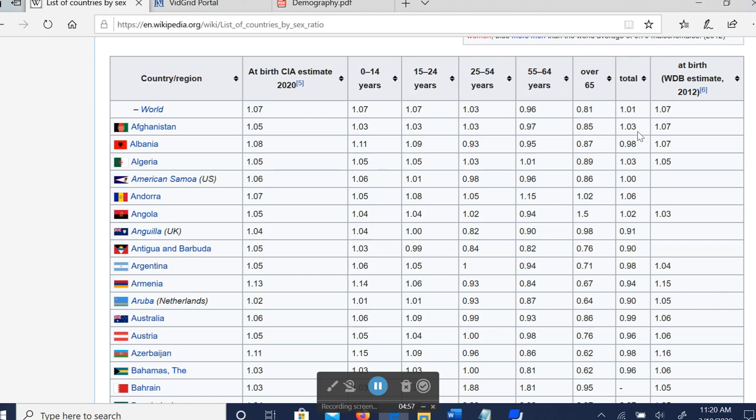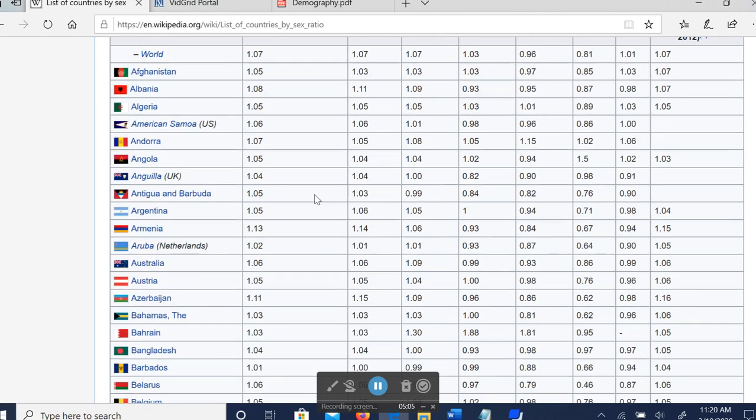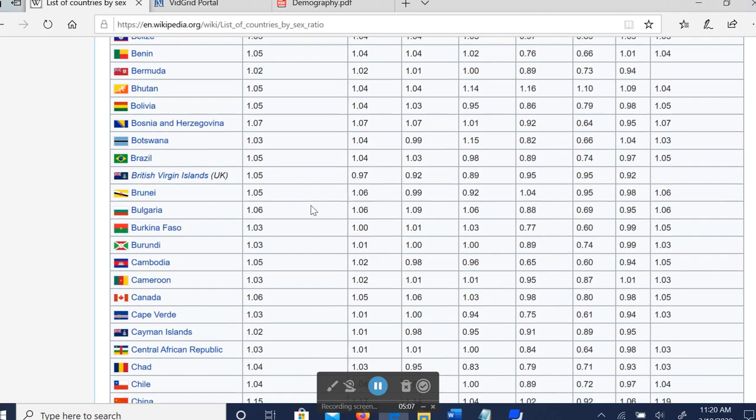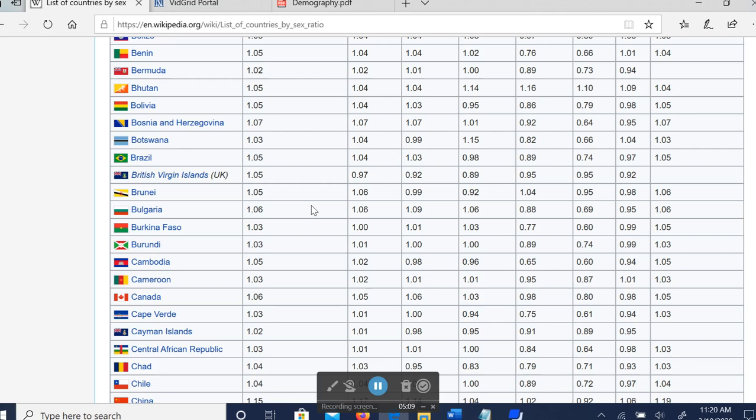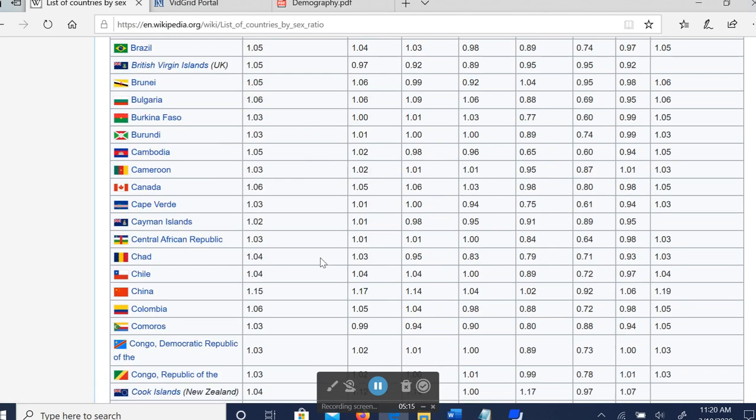So as we can see from here, countries that are more patriarchal have higher sex ratio. Look at this, some of the African countries. They have slightly more men than women. Look at China.